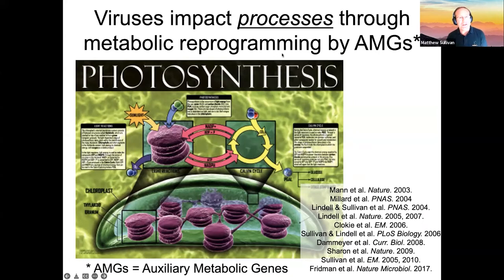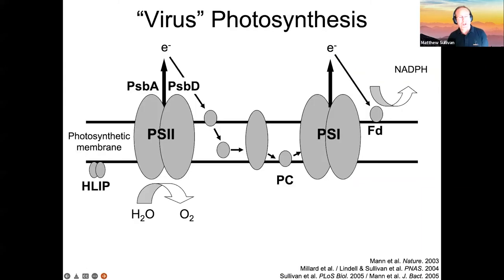And that led to the idea that viruses could have auxiliary metabolic genes, or AMGs, and that these could be direct ways that viruses reprogram core metabolisms. This was studied extensively in the cyanobacterial culture-based literature. And so I just want to overview this idea.